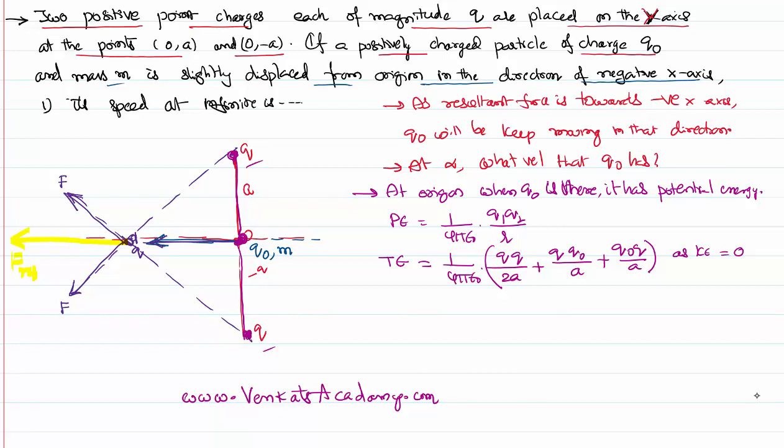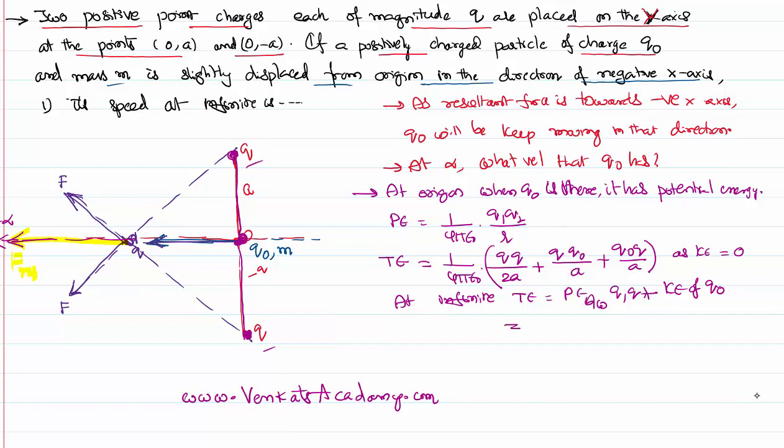Now this particle is moving to infinity. Assume at infinity these two particles are still there itself. Still there will be some energy. At infinity, total energy is the potential energy between Q and Q, as they are not moving, plus the kinetic energy of Q naught, as Q naught is moving to infinity.